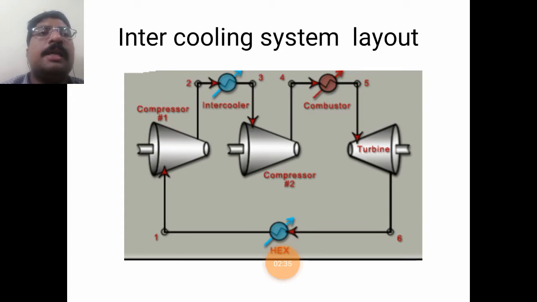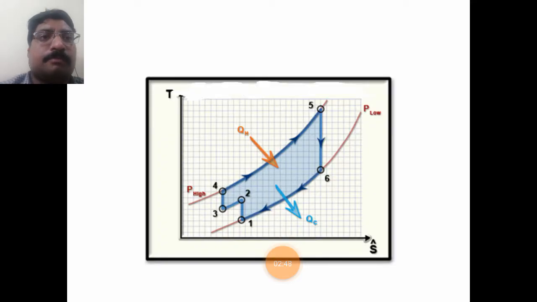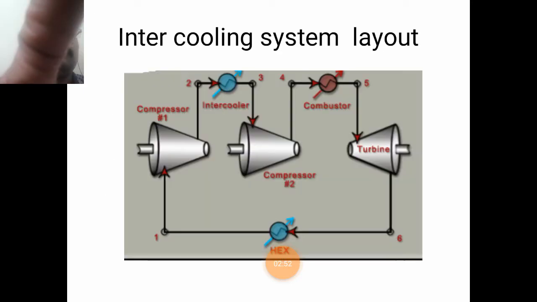Between the compressor and turbine, we are using a combustion chamber. Now, the air compressed in the first compressor is passed to the second compressor by means of an intercooler.